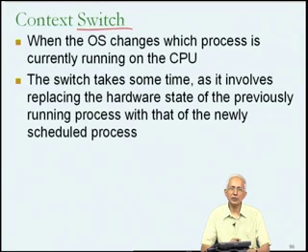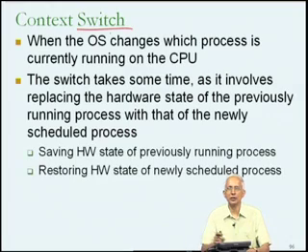Therefore, the context switch must involve replacing the hardware state of the previously running process with that of the newly scheduled process, and only after that has been done can the newly scheduled process actually start changing the values of the registers. Therefore, associated with the context switch, there must be some saving.